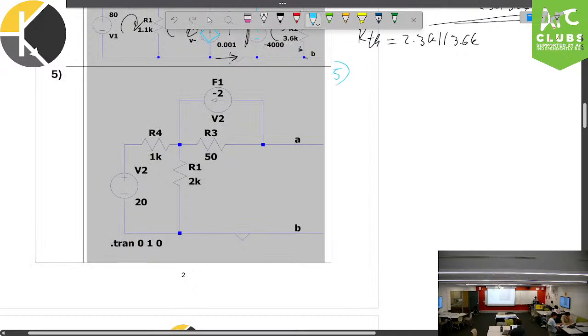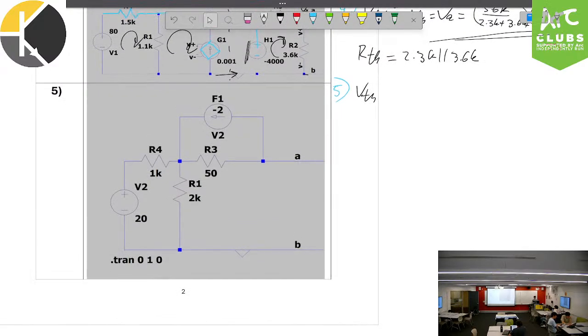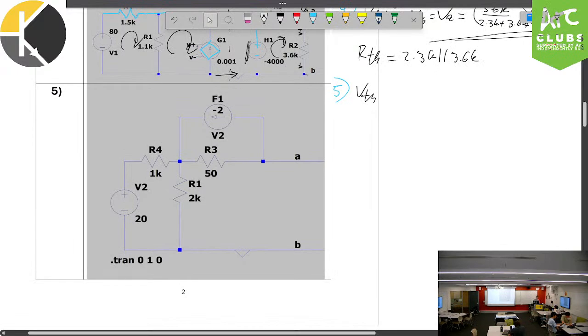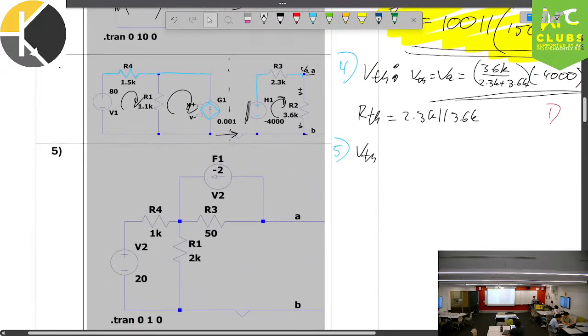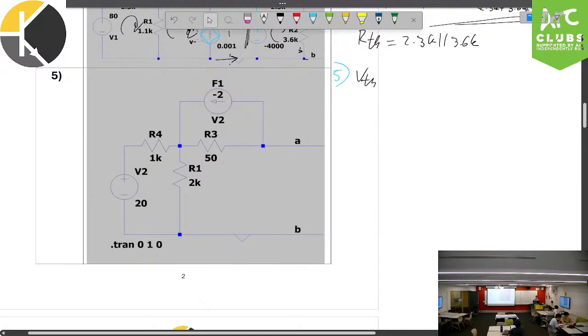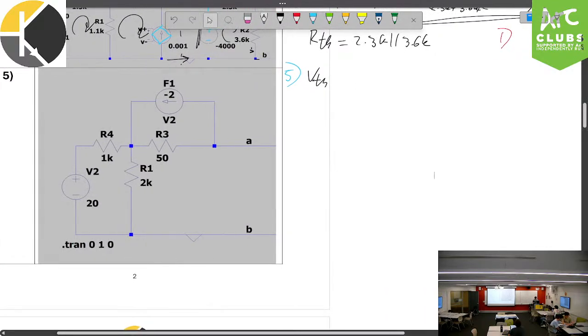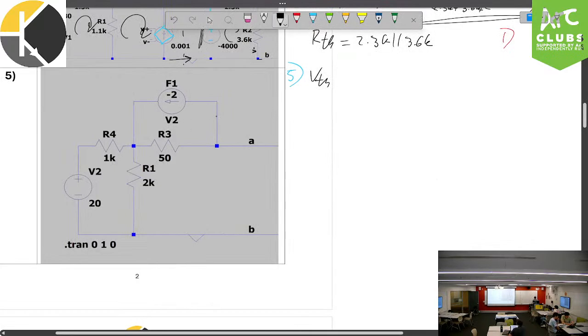So, question 5, V Thevenin, I will not bother calculate. Actually, depending on time, we will potentially skip V Thevenin or R Thevenin in future, but we'll see how that goes, okay? We'll see how far we go. Question 5, V Thevenin. Let's think about this.